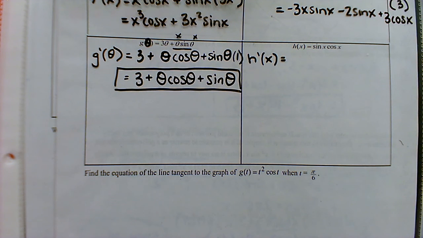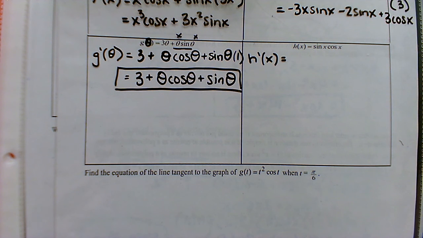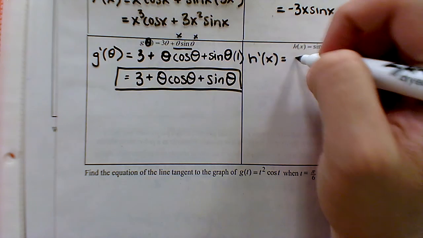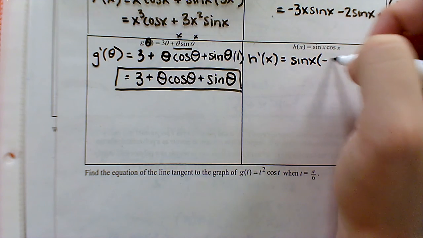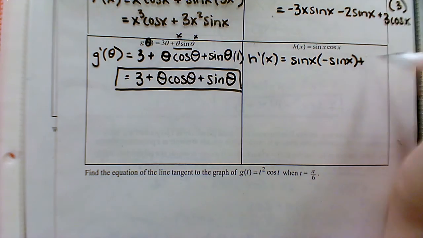How about the second one? Any takers? Product rule, you're multiplying sine times cosine. What did your 1d2 plus 2d1 look like? Go to Anastasia. Sine x times negative sine x plus cosine x times cosine x.